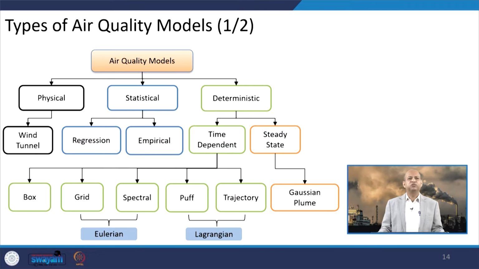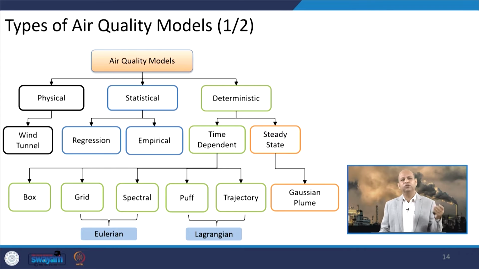Well, now if we talk about different types of air quality models, they can be classified or categorized in different ways. For example, in general we have physical models. In physical models we have to build some structure of reality, like in a wind tunnel you have small cubes that represent the buildings, to see how the pollutant will disperse.